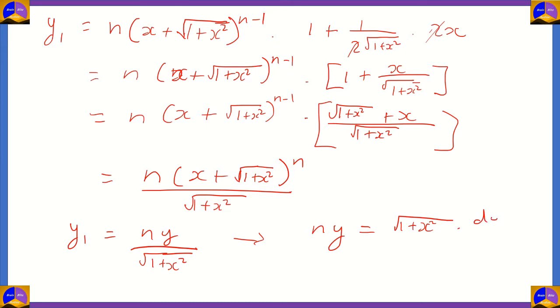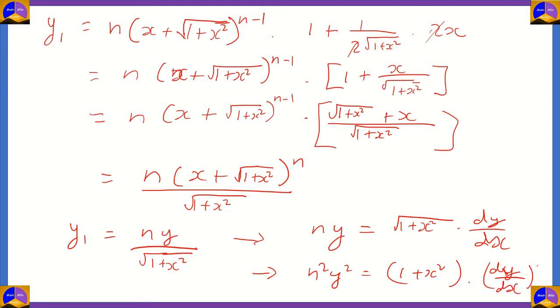We'll just write that as dy by dx, because from here onwards we will have to do another differentiation. But before that, it's good to take the square of this equation. So therefore you have n squared y squared equals (1 plus x squared) times (dy by dx) the whole squared.